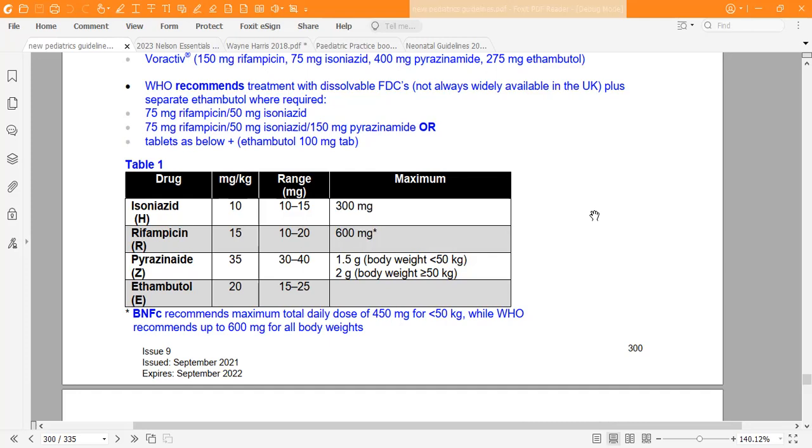Okay, so BNF recommends a maximum total daily dose of 450 milligram for less than 50 kilo, while WHO recommends up to 600 milligram for all body weights. Let's just keep this note in mind: BNF recommends the maximum dose of 450 milligram for body weight less than 50 kilo, WHO recommends a maximum dose of 600 for all body weights.